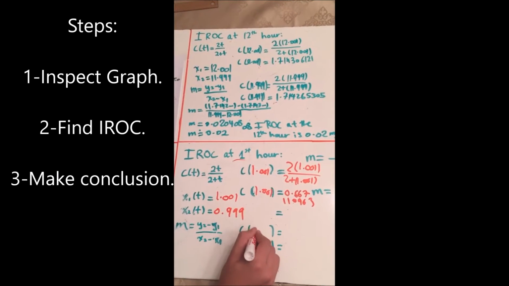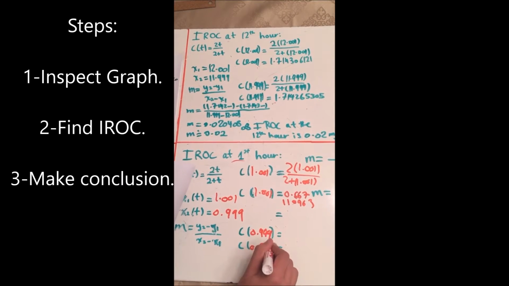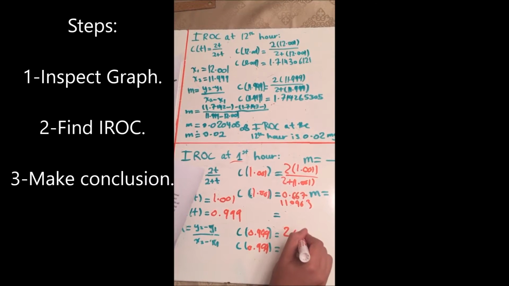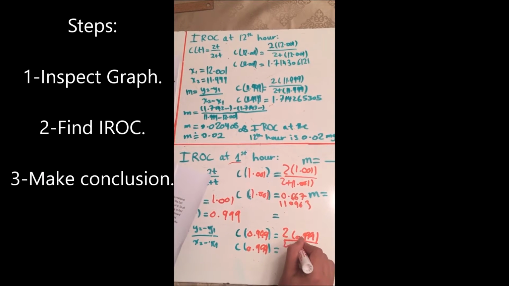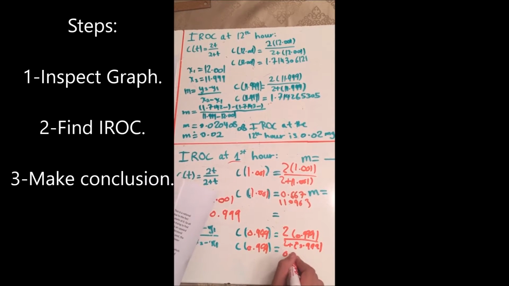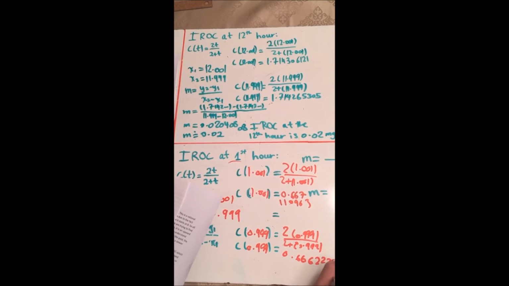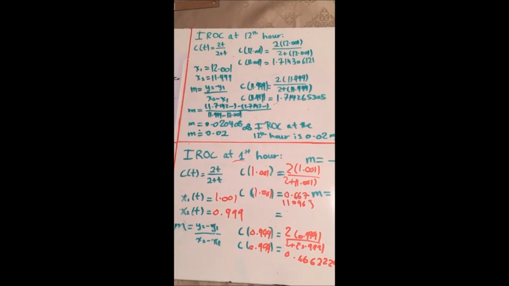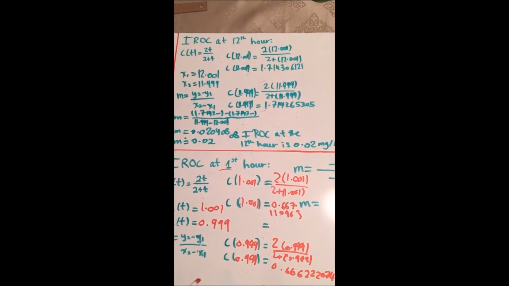We can then do it for the other point, 0.999, and then we plug it into the equation. And then we get an answer of 0.666222074.